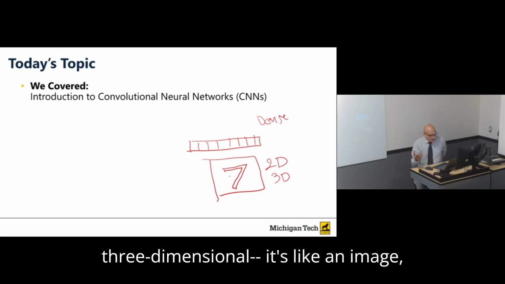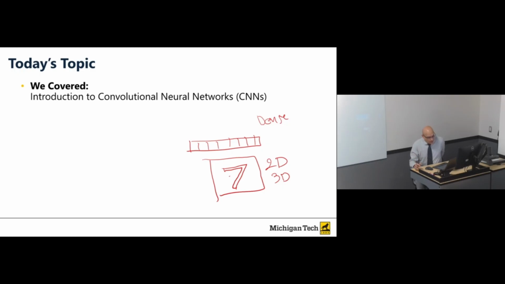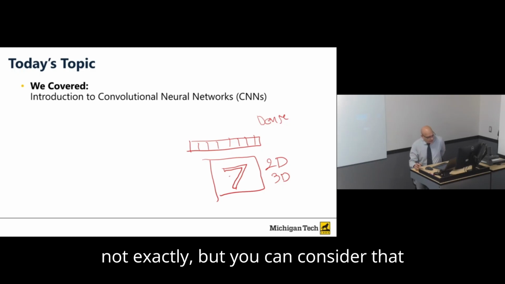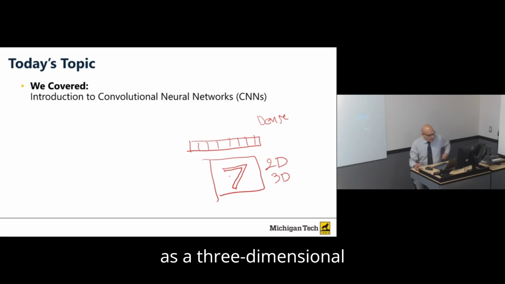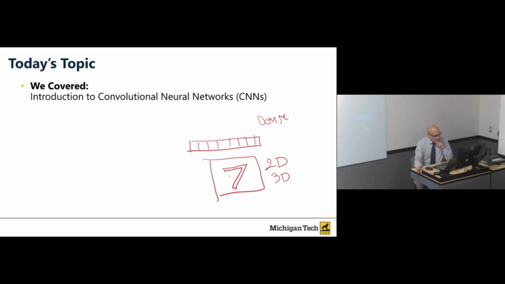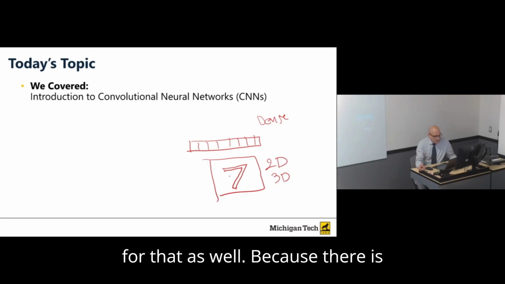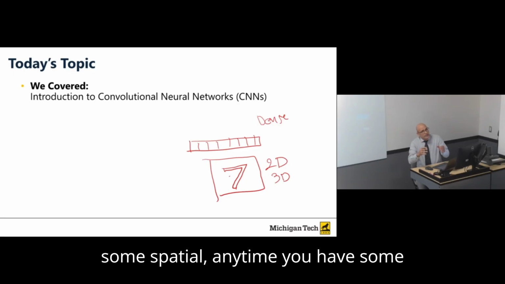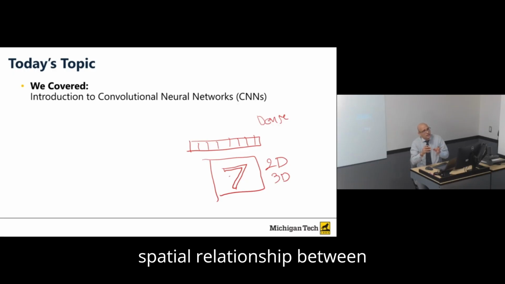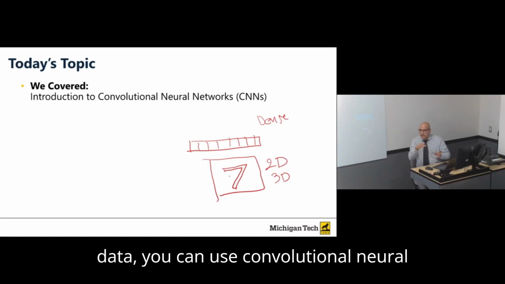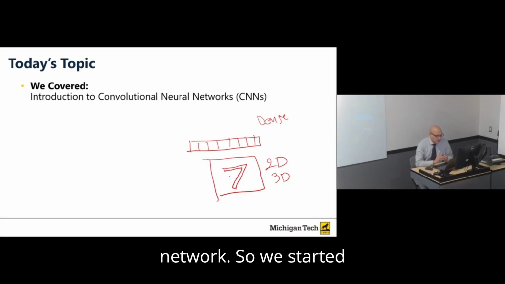It's like an image, but not exactly. Anytime you have some spatial relationship between data, you can use a convolutional neural network.